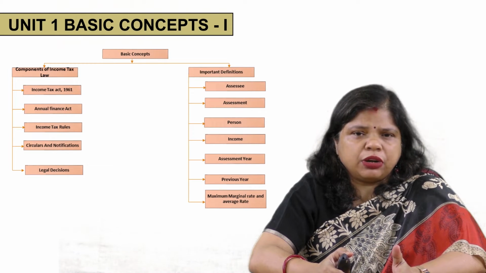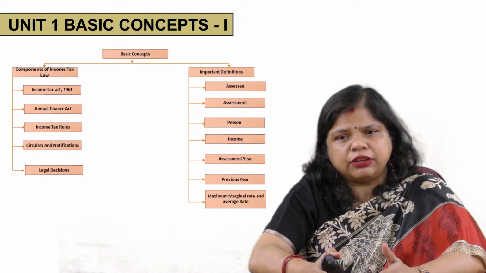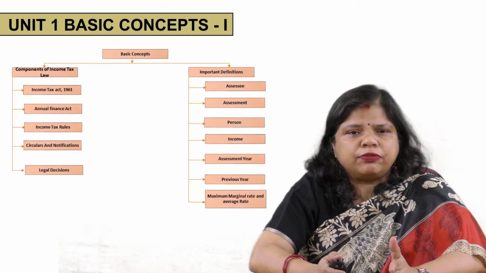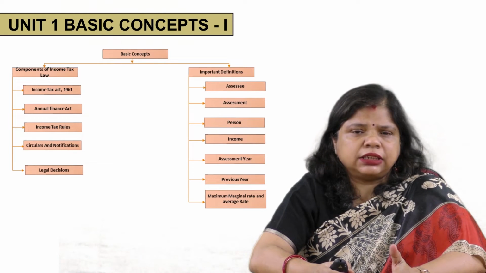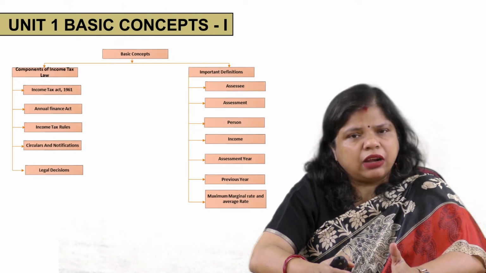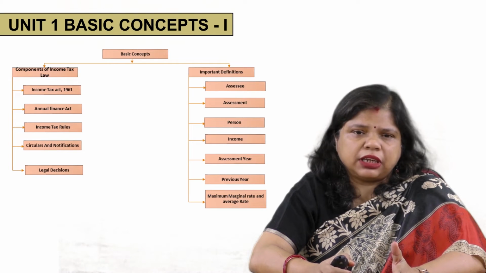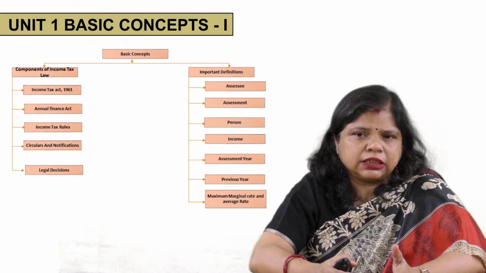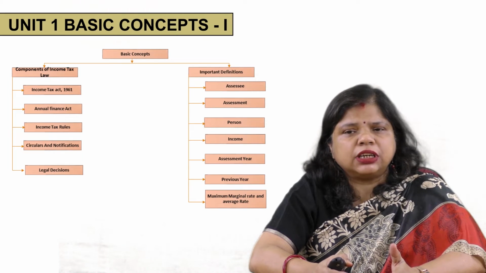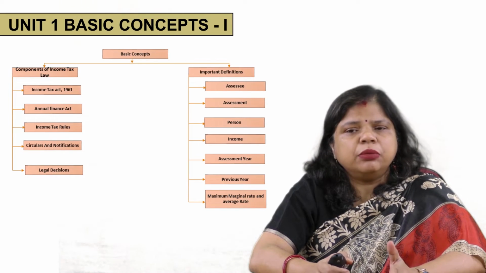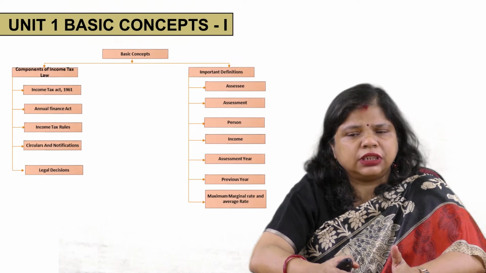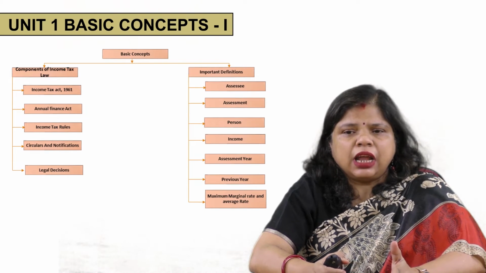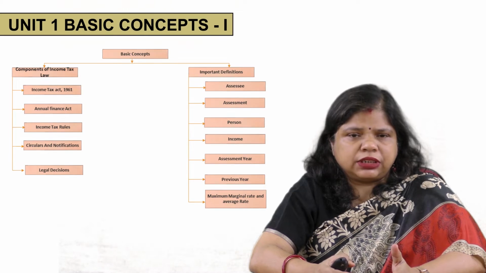The first group is components of income tax, and the second is important definitions. The components of income tax consist of the Income Tax Act 1961, Annual Finance Act, Income Tax Rules, Circulars and Notifications, and Legal Cases. Important definitions consist of assessee, person, income, assessment year, previous year, marginal rate and average rate.